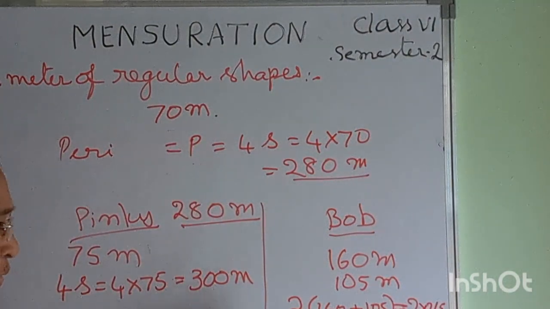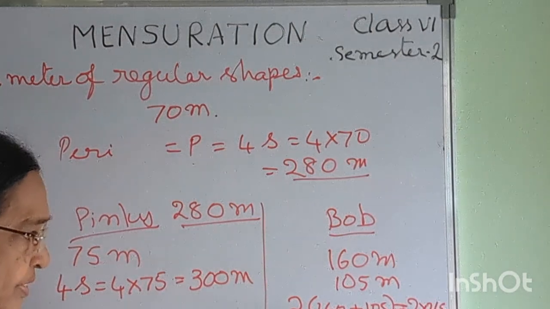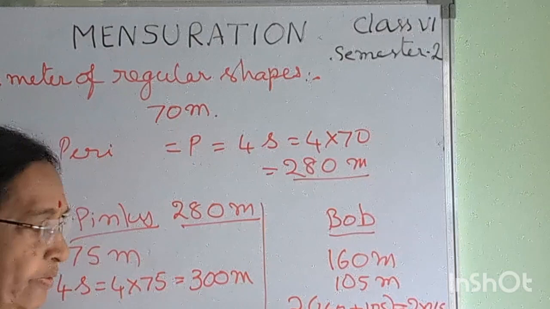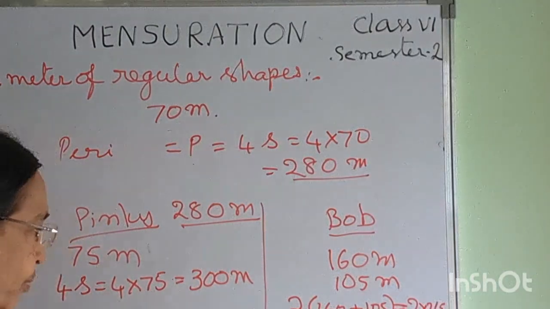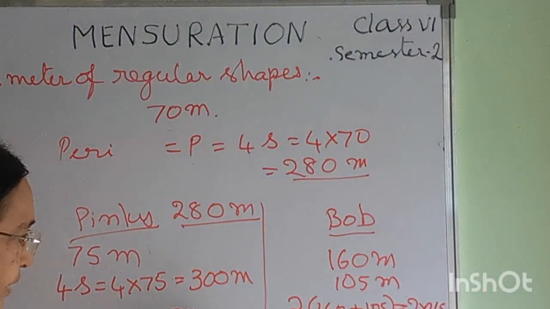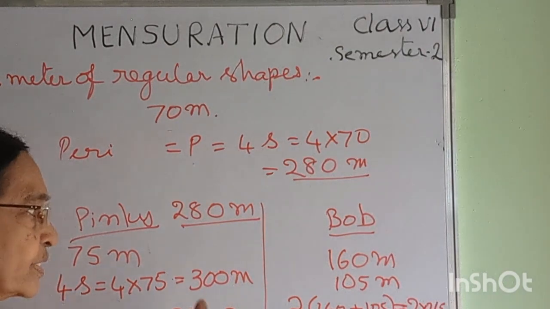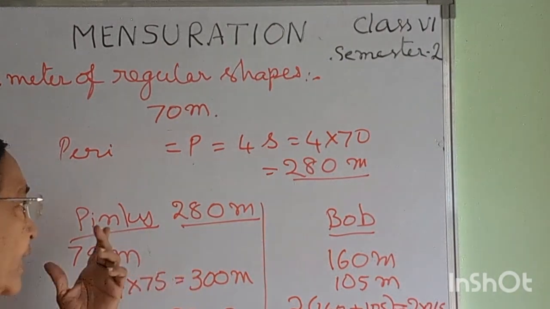So who took more distance? Bob traveled more distance. By how much? 530 minus 300 is equal to 230 meters. So he took 230 meters more distance than Pinky.